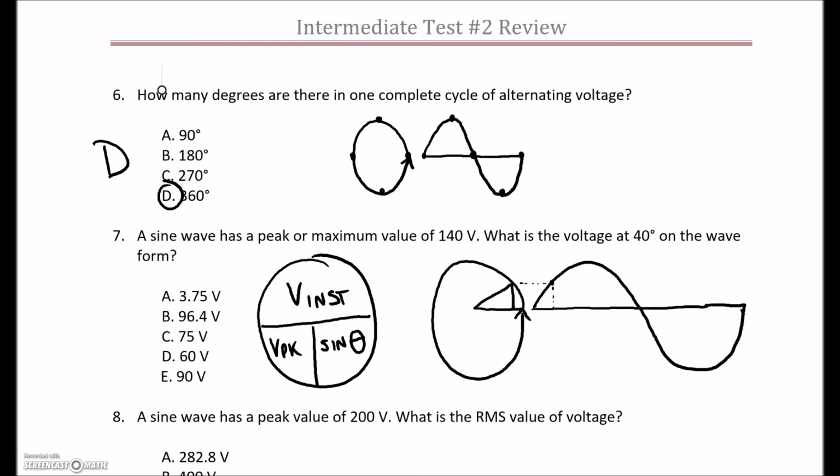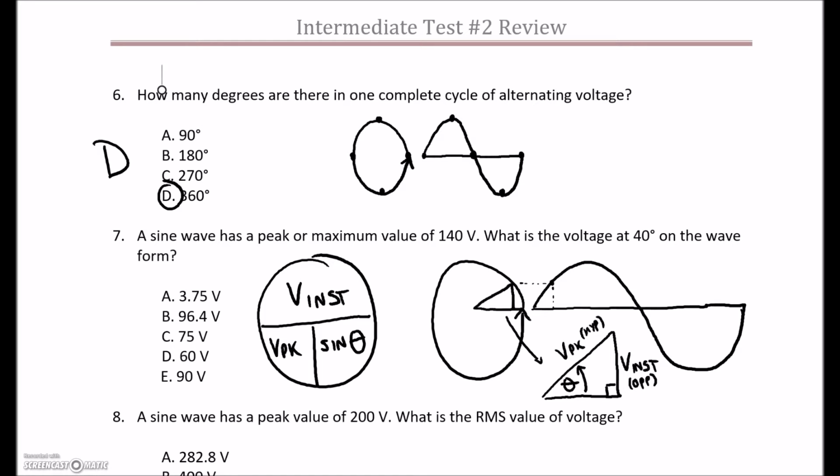If we blow that right angle triangle up so it's a little bit bigger to see, then this value right here, the radius of the circle, is our V peak. This value right here translates right over to our sine wave, so that is our instantaneous voltage. This is the opposite of the triangle. This is the hypotenuse. And the ratios of those are all based on that angle right there.